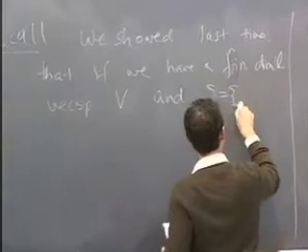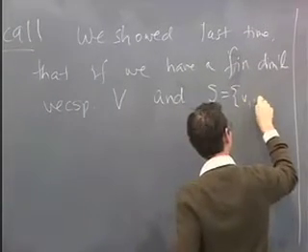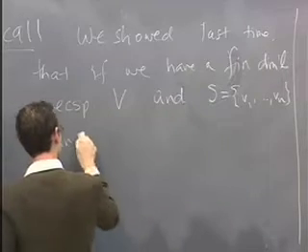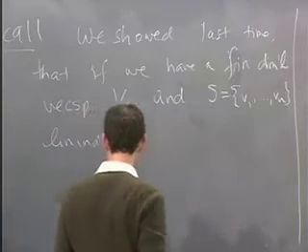So I'll call that set S, and I'll contain vectors v1 through vn. And I assume that this is a linearly independent set.